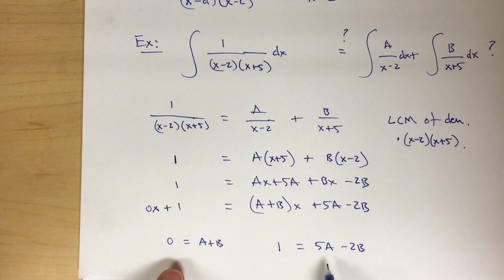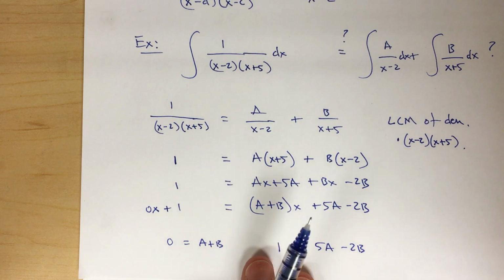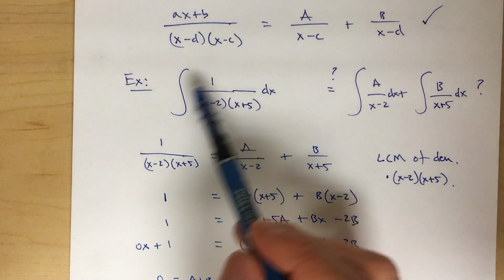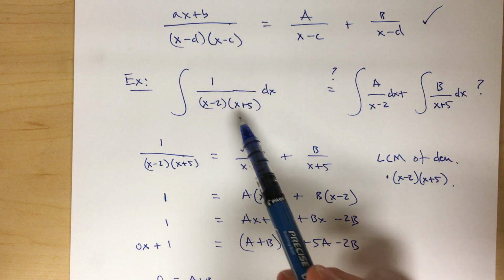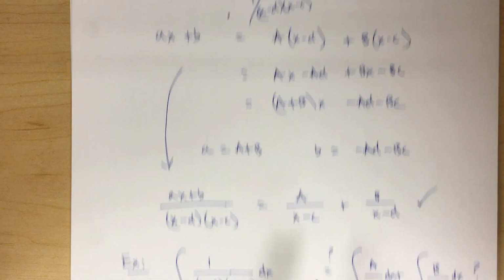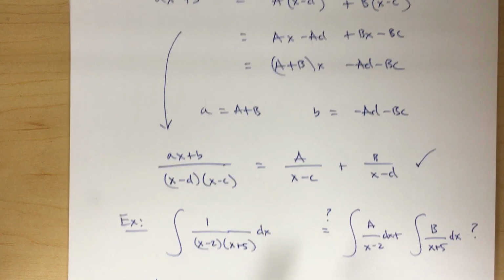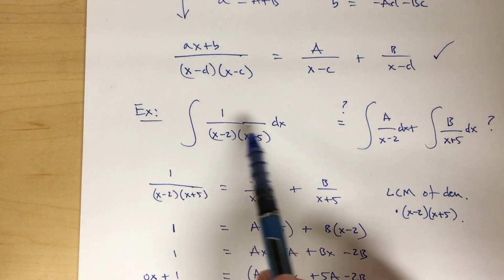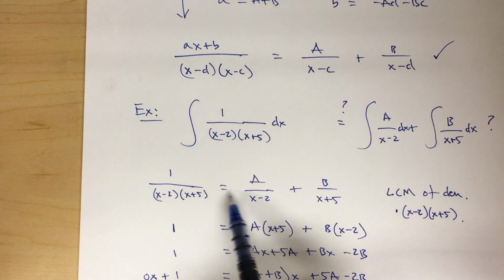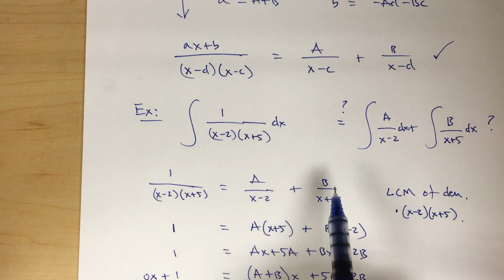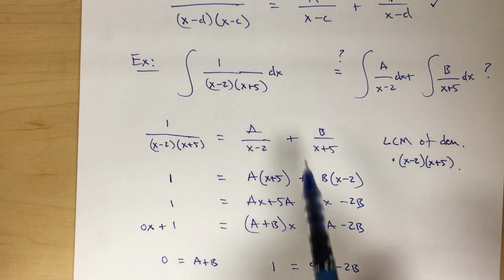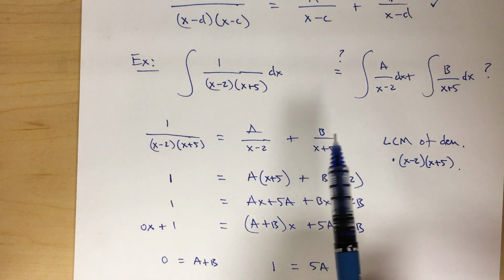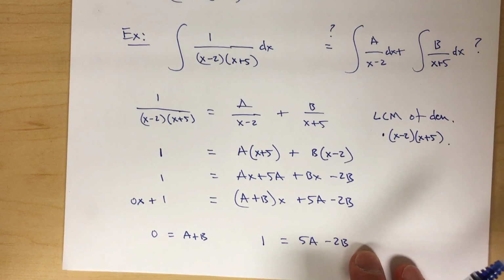And that's nice because now I have two equations, two variables, and I should be able to solve using substitution or elimination. So let's review our steps. We had something that looks like partial fraction decomposition because it's linear over quadratic, or even in this case constant over quadratic, or something like that. It looks like a rational function. We set it equal to a over one factor plus b over the other factor because we know how to anti-differentiate these if we can find those constants a and b.